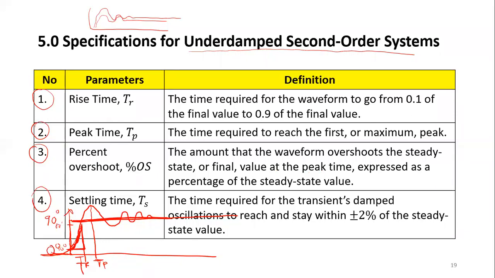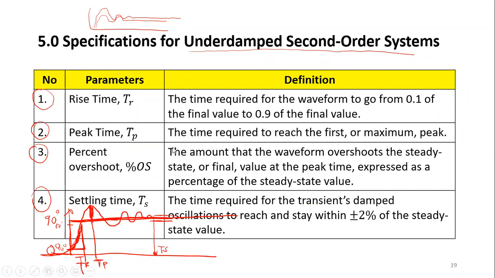You know that this is the steady state here, and the overshoot is here. And the settling time is the time required for the transient damped oscillations to reach and stay within 2% of the final value. So when it has reached here and it is within plus or minus 2%, we call this the settling time.